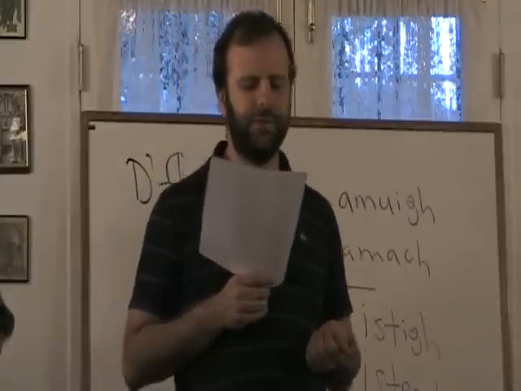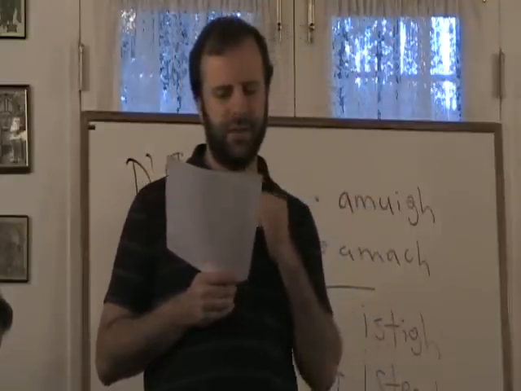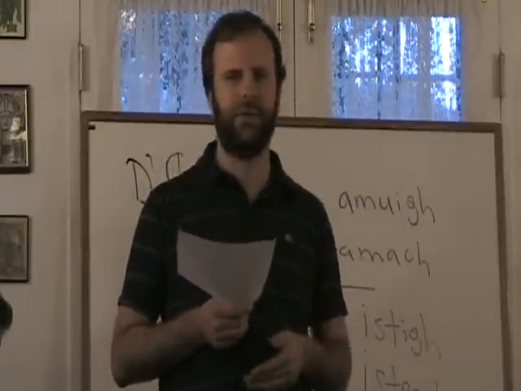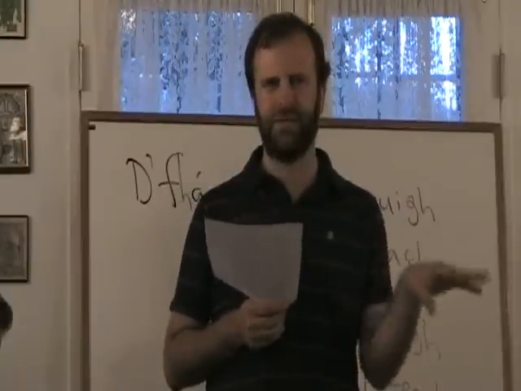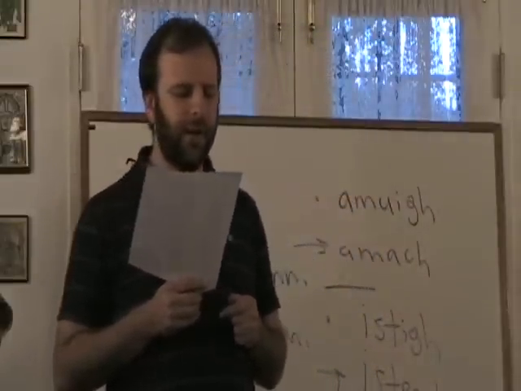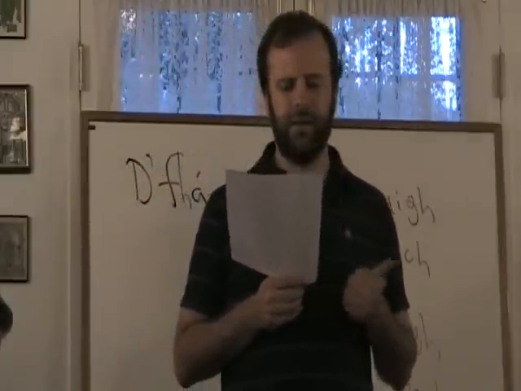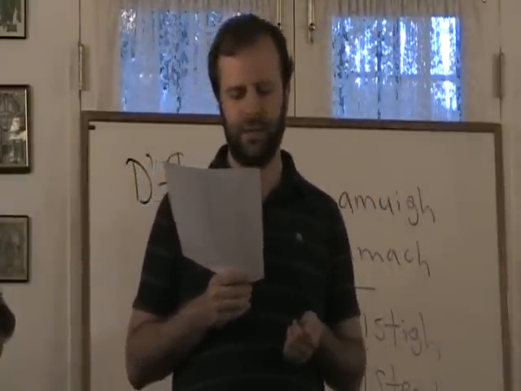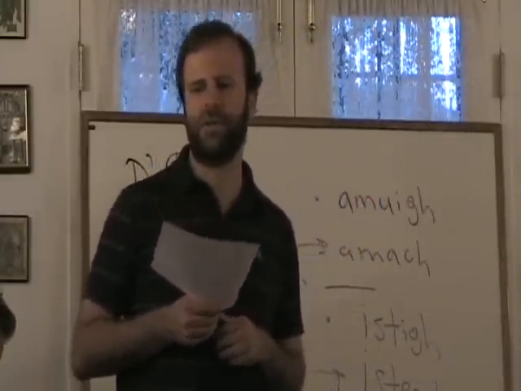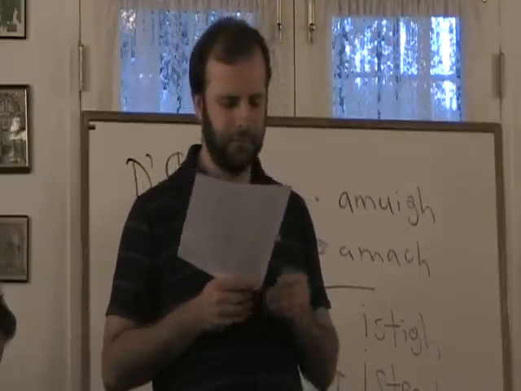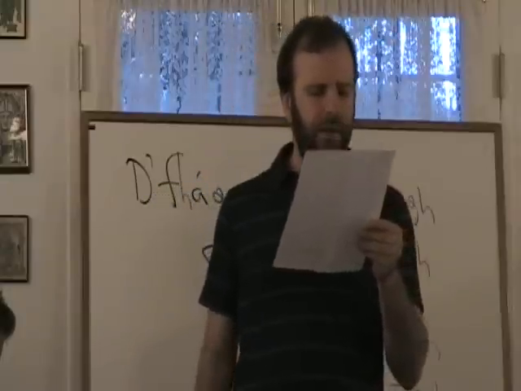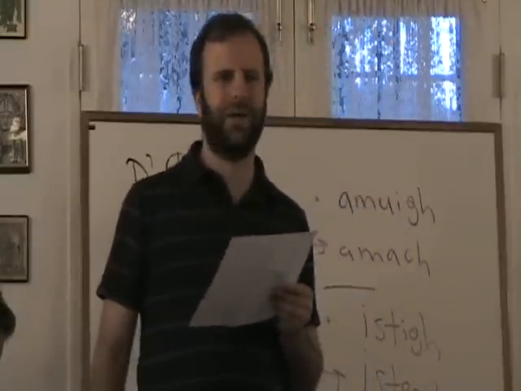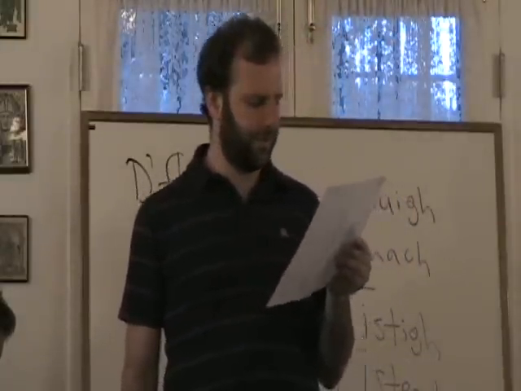Negative questions is nar in the past and nach everywhere else. So the past has the funny forms. Negative is near in the past and ni everywhere else, and all of those lenite. The where question is car in the past and ka everywhere else.